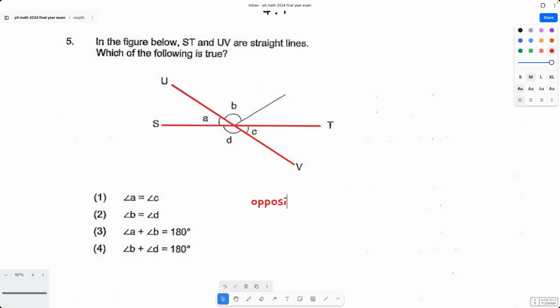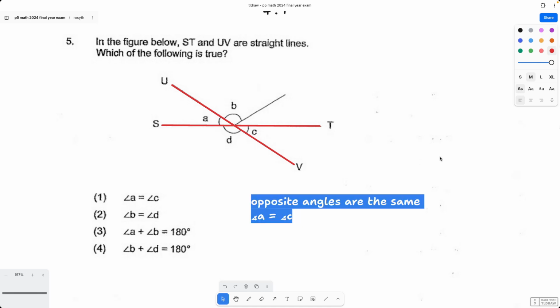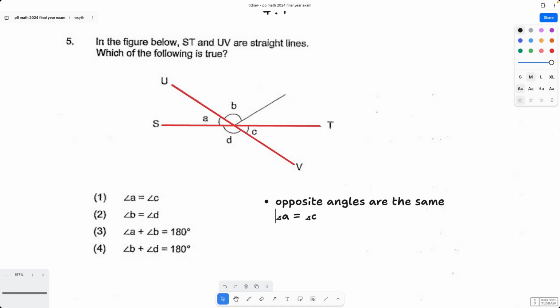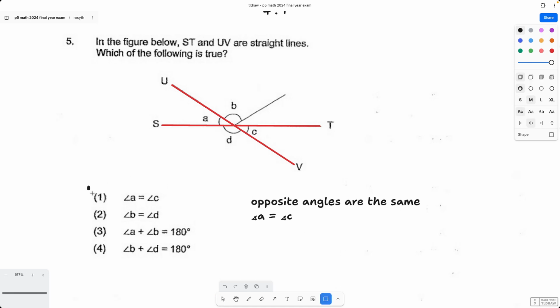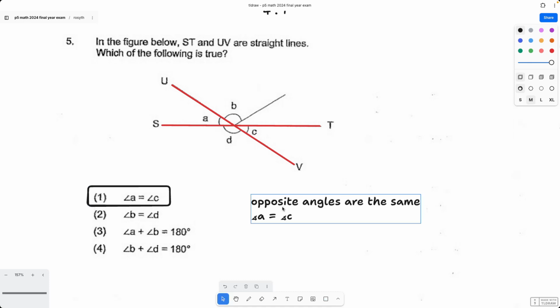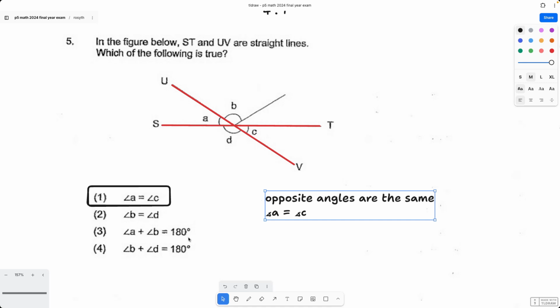That means angle A is equal to angle C. Do we have this option over here? Yes, we have. So it is option number 1. B and D cannot. A plus B cannot, and B plus D is also cannot.